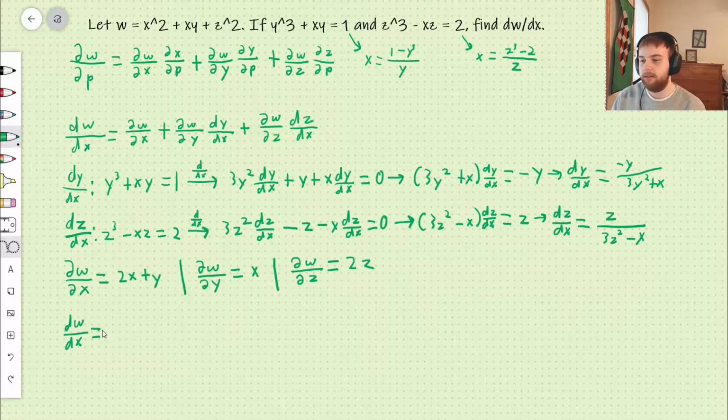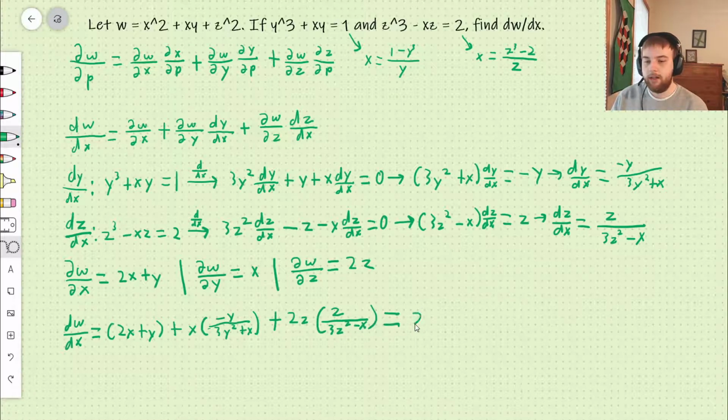So yes, we have 2x plus y. Then for our next term, we have x times negative y over 3y squared plus x. Then for our last term, we have 2z times z over 3z squared minus x.